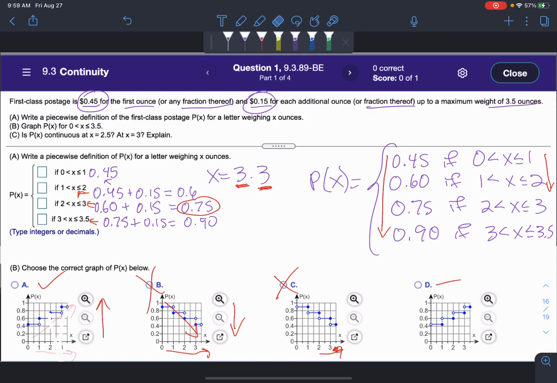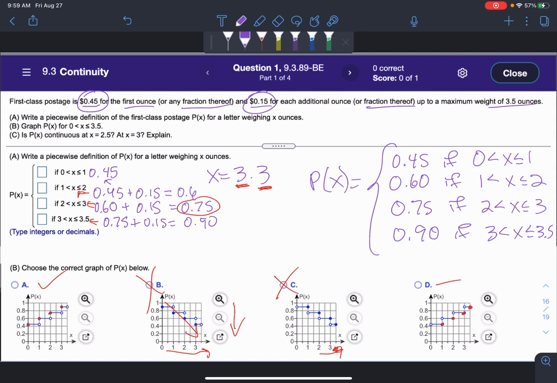And notice there's a very small detail between the two, is that the filled in points are at the beginning of the stair, or the step, right? But in D, it's at the end. So which one is it? So let's return to our P of X, our piecewise function, and notice that this corresponds to our X, right?